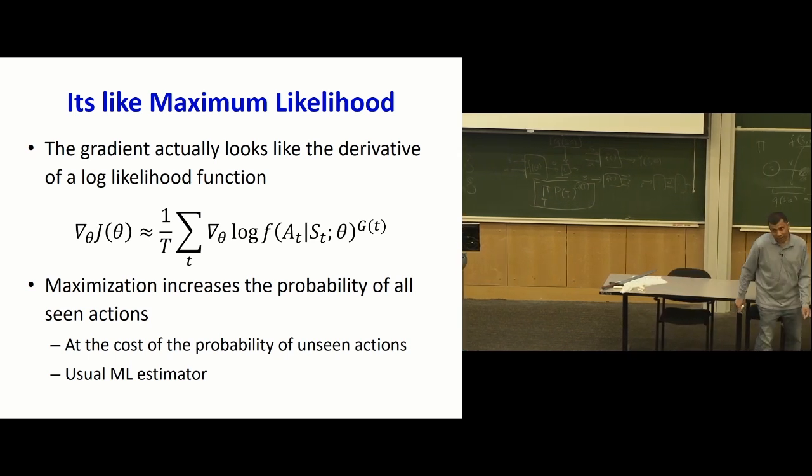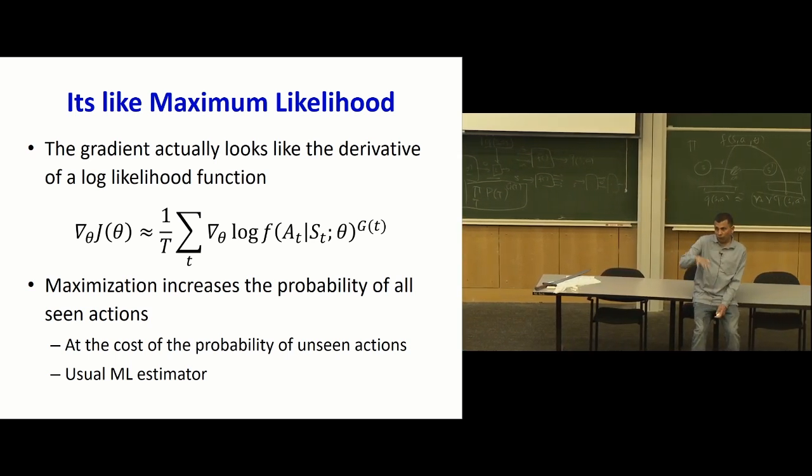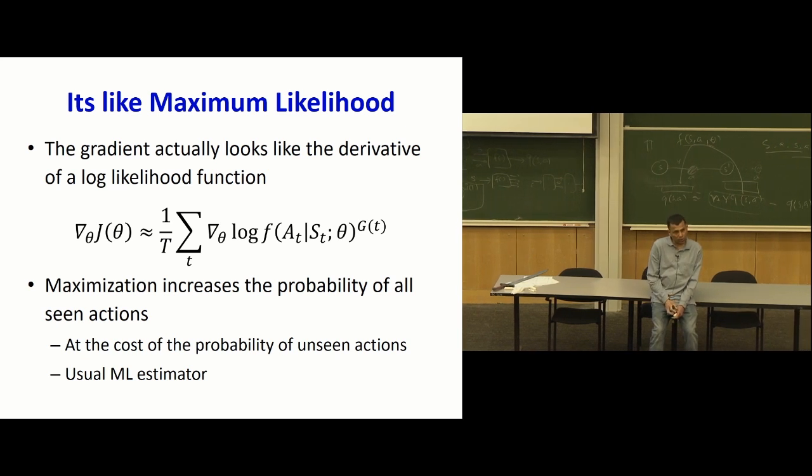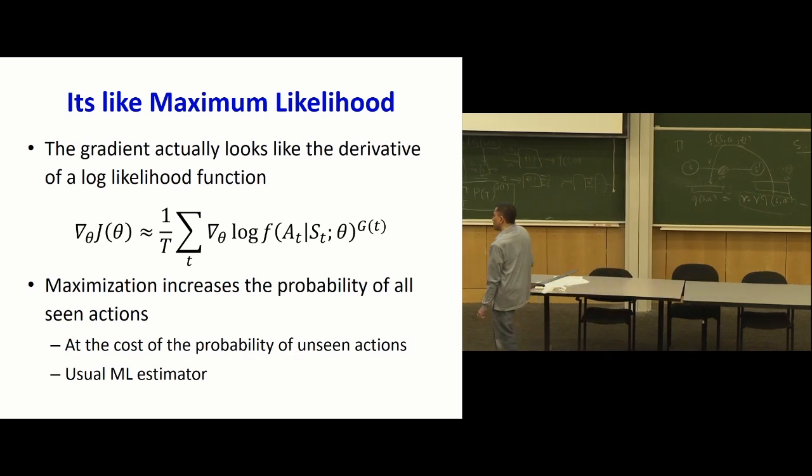What is it going to do? It's going to increase the probabilities of all state action combinations that you saw, and it's going to decrease the probabilities of all state action combinations that you didn't see. So this is your standard maximum likelihood estimator, where anytime you see something you increase its probability, right? Now this is not a very great thing to be doing, right? So why?